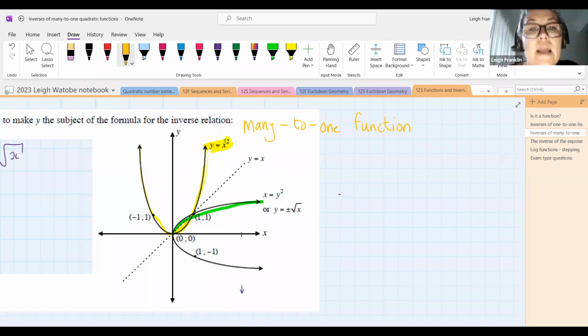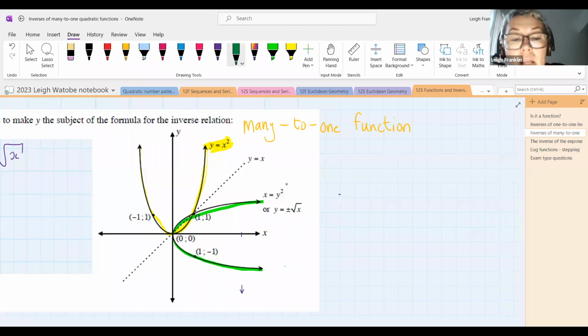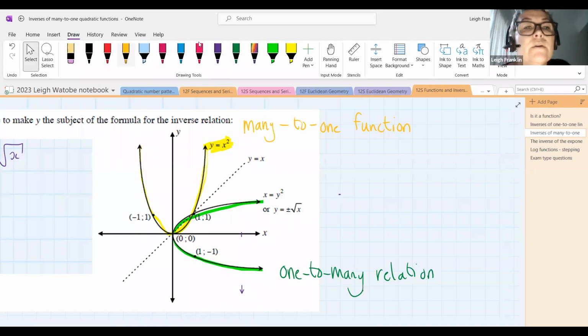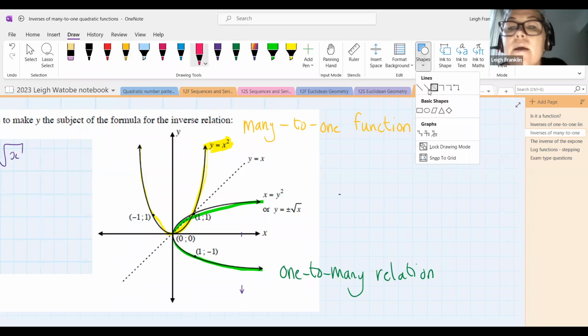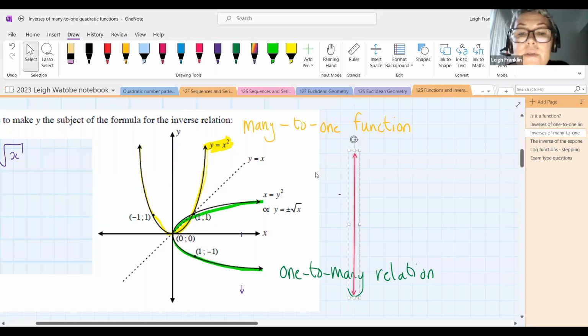The one that I'm highlighting in green is a one-to-many relation. Okay, so where it comes from is this. Let's draw our vertical line. Let's draw it in pink, and then it'll stand out. There we go. There it is in pink.